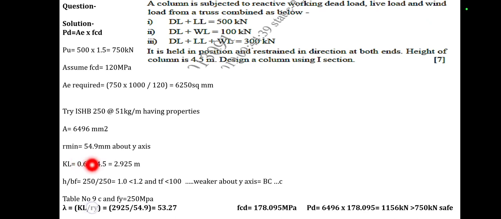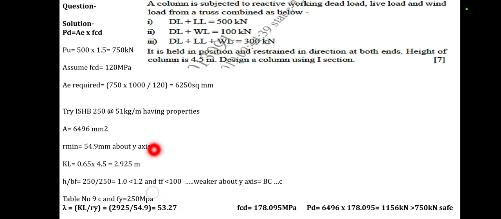Therefore the value of our K is 0.65, which is taken from table number 10 of IS 800 2007, and the length of the column is 4.5 meter, which is mentioned in our numerical. Hence our KL is equal to 0.65 into 4.5, which is equal to 2.925 meter.